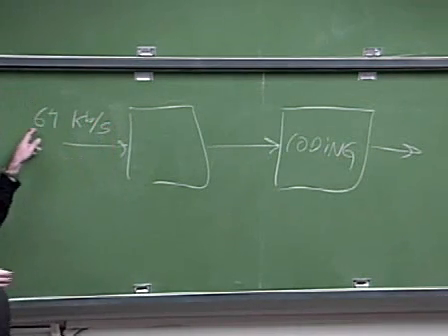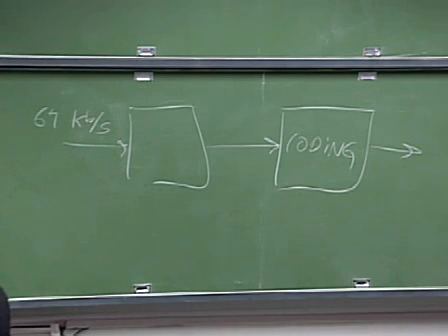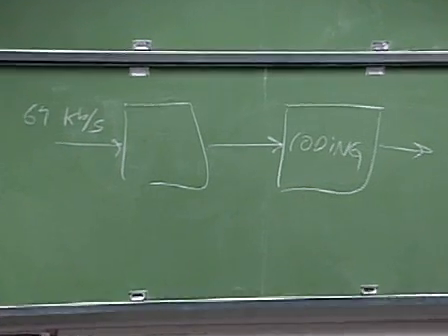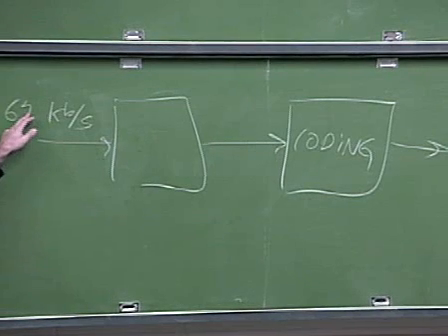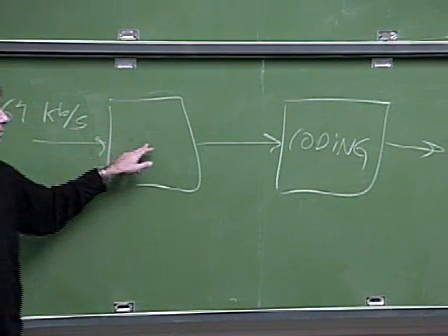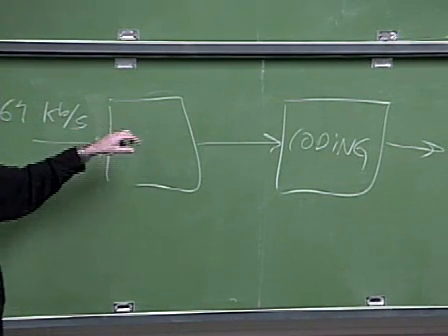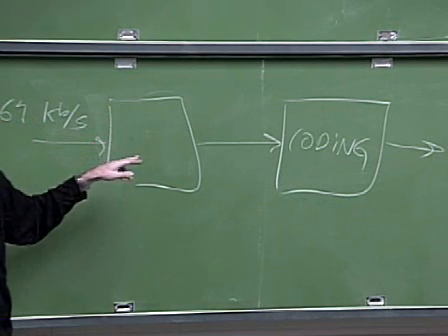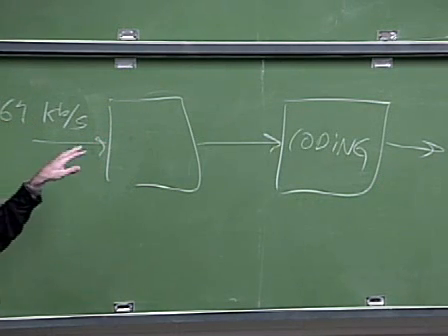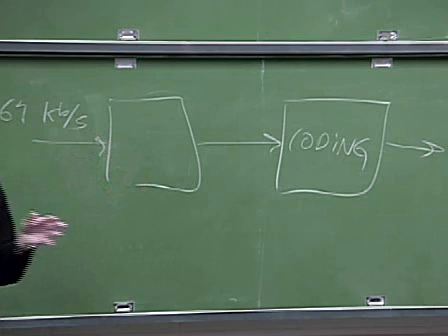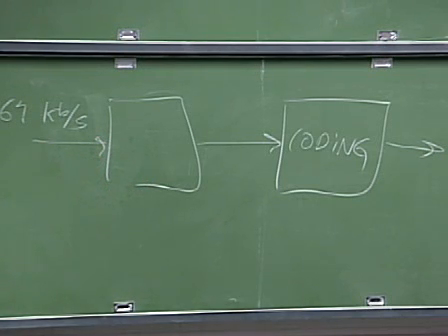For example, when you use a landline phone, not a cell phone, that's what it burns, 64 kilobits per second. Now, the compressor depends on the particular model and the particular standard. With GSM, this is compressed down to about 10 to 12 kilobits per second, so it's reduced by a factor of about 6 or 7.